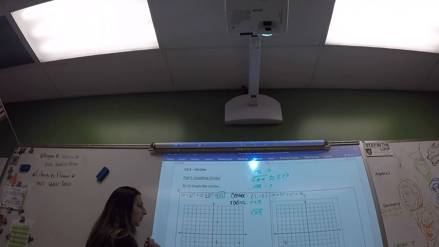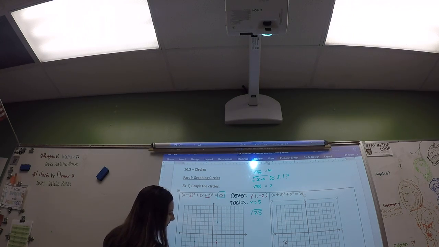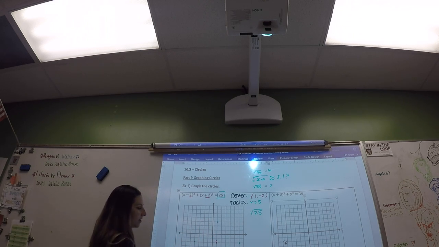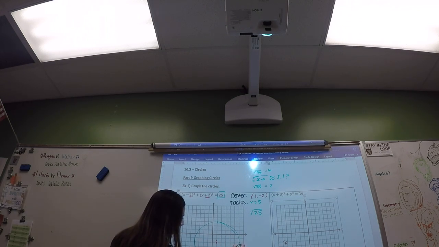And then just draw the circle. You want it to look rounded, so you're going to round this off a little bit. You don't want it to look like a square. Now I'm going to attempt to connect everything in a rounded fashion.